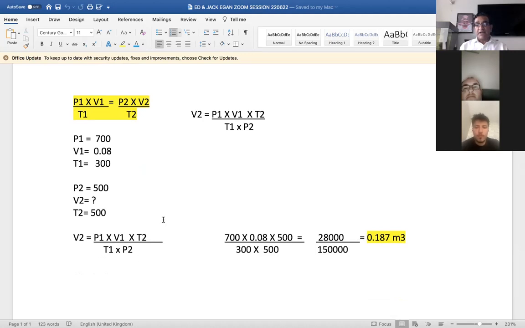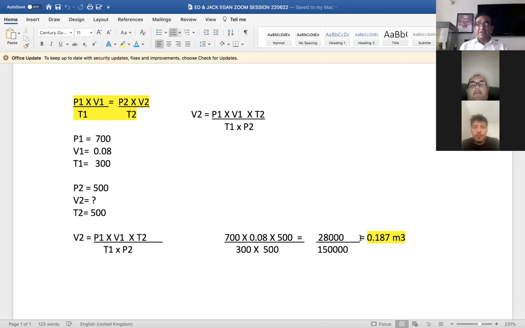So it's 700 times 0.08 times 500, which gives us 28,000. Underneath, T1 is 300 and P2 is 500, so that multiplied gives us 150,000. The calculation is 28,000 divided by 150,000, and the correct answer, V2, is 0.187 cubic meters.